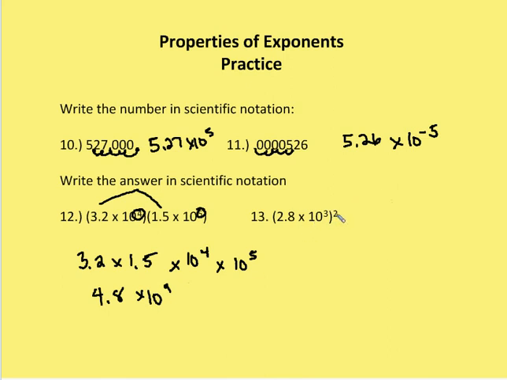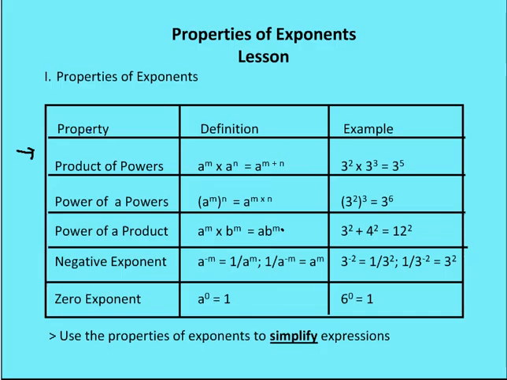Okay, in problem number 13, now we're just using the squared value to express 2.8 times 10 to the 3rd. And here we're going to use power of a power. A to the m to the n is equal to a to the m times n.